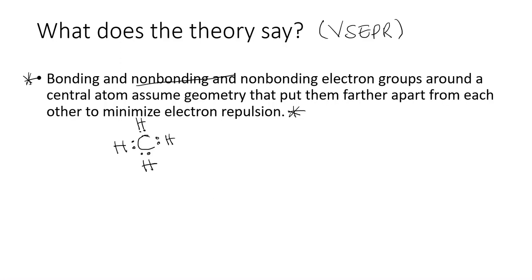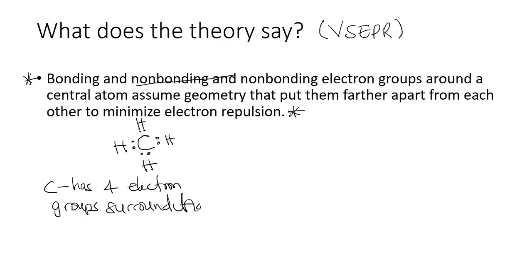So this carbon has 4 electron groups surrounding it. This is group 1, group 2, group 3, group 4. Each pair is a group of electrons.